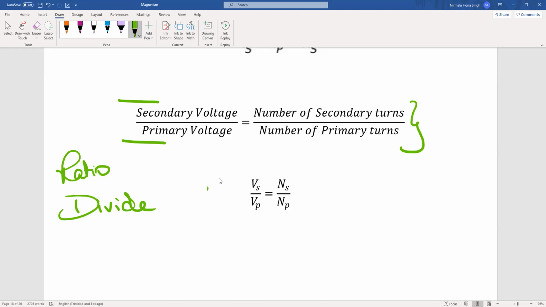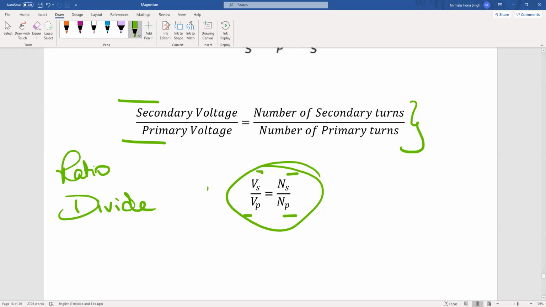So VS over VP is equal to NS over NP. If you had to work out anything here, all you have to do is cross multiply and divide. Next day we'll do some questions on this.